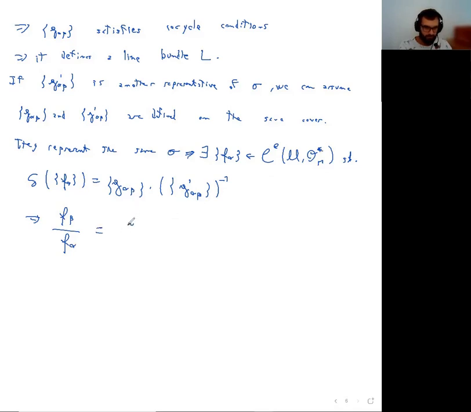Well, this is equal to g_alpha_beta divided by g_alpha_beta prime. In particular, if you remember, g_alpha_beta defines a line bundle, and g_alpha_beta prime defines a line bundle. And whenever, as we saw back at least a month and a half ago, you have a set of functions f_alpha which satisfy this, it determines an isomorphism of line bundles.